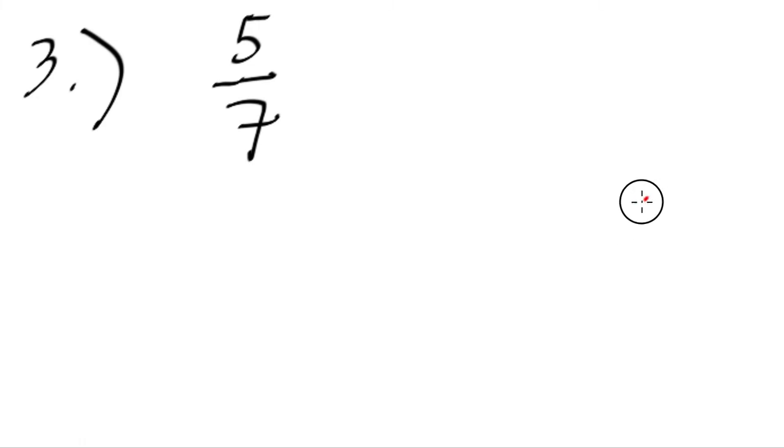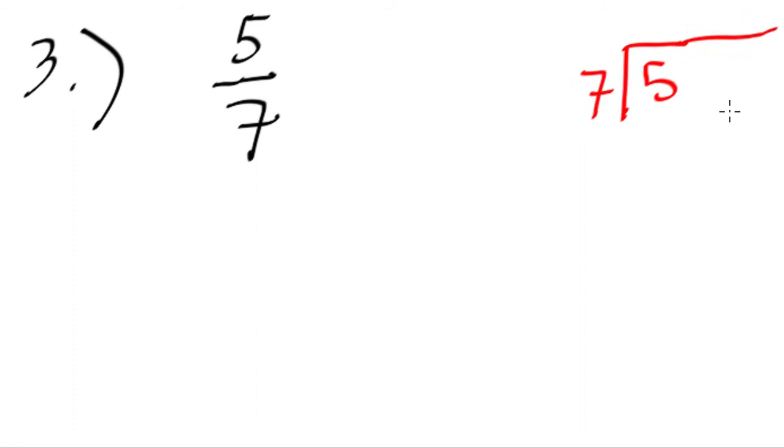Let's divide that. 5 divided by 7. 5 divided by 7 cannot be done, so let's put a decimal point here. Let's put a 0 like we did before.